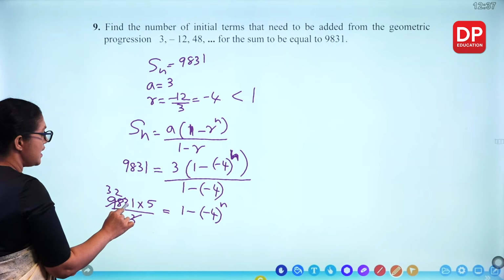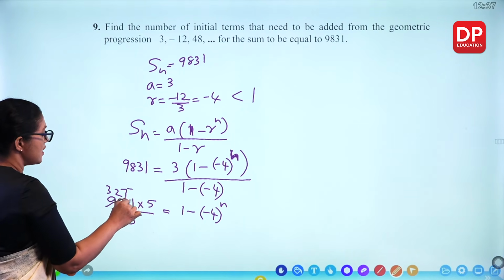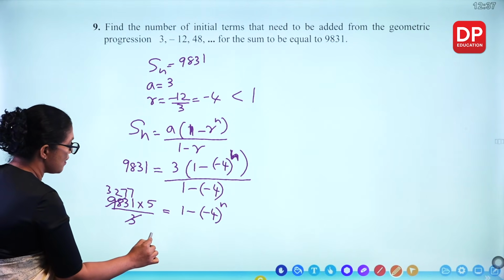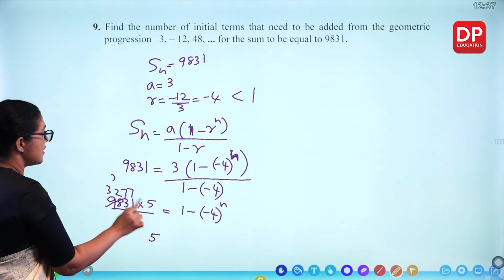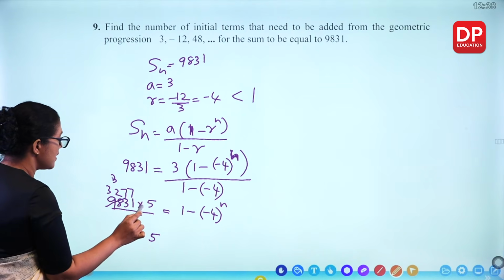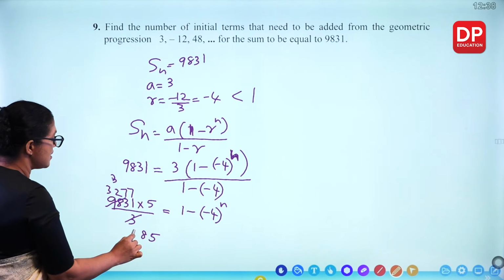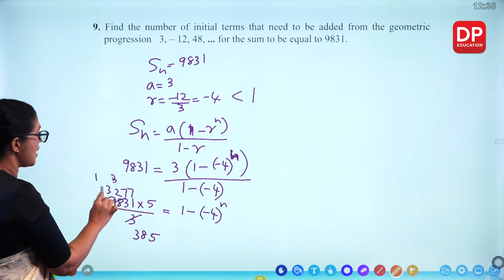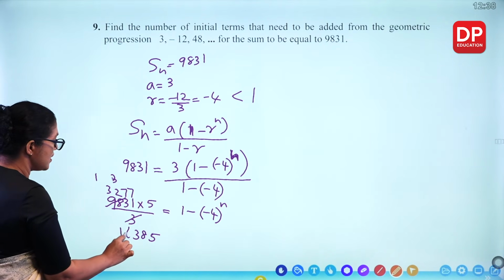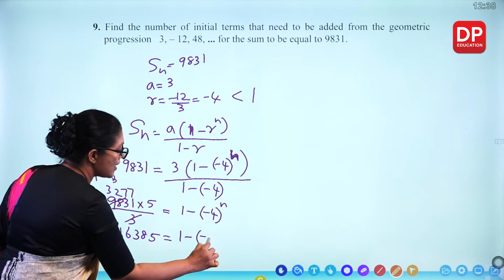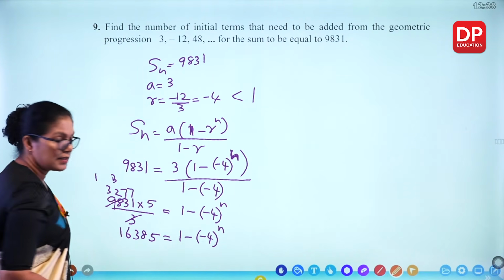For 23, 3 times 7, 21, again 7. Now multiply by 5. 5 times 7, 35. 35 plus 3, 38. 13, 1 remaining. 5 times 3, 15 plus 1, 16. That's equal to 1 minus 4 to the power n.